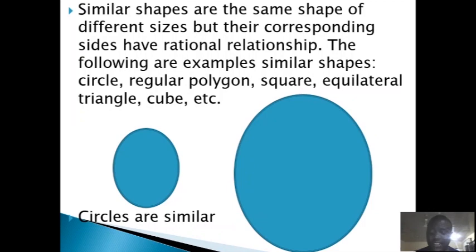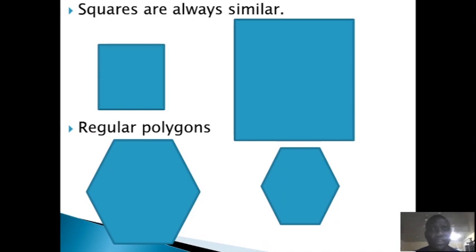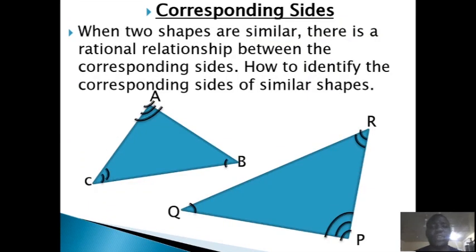The first example is a circle: one is smaller, the other is bigger. Then squares. Squares are always similar because no matter their size, there is a proportional relationship between their corresponding sides. This is also applicable to regular polygons, not just polygons. A regular polygon is always the same throughout.